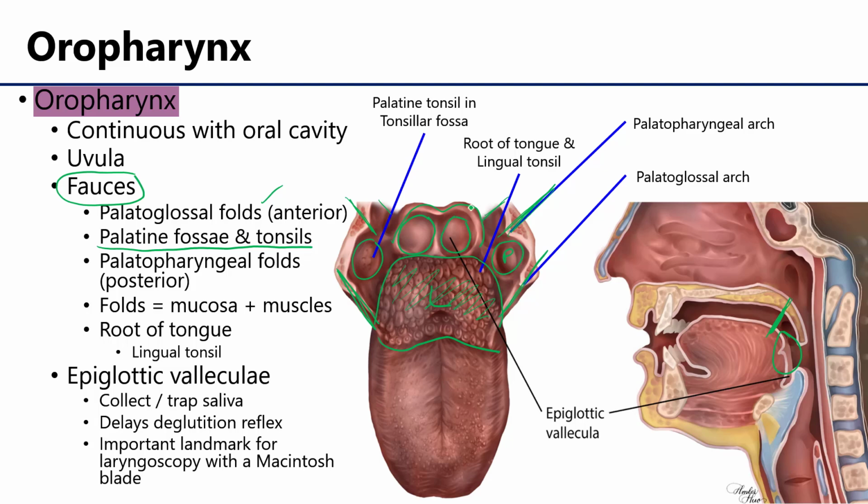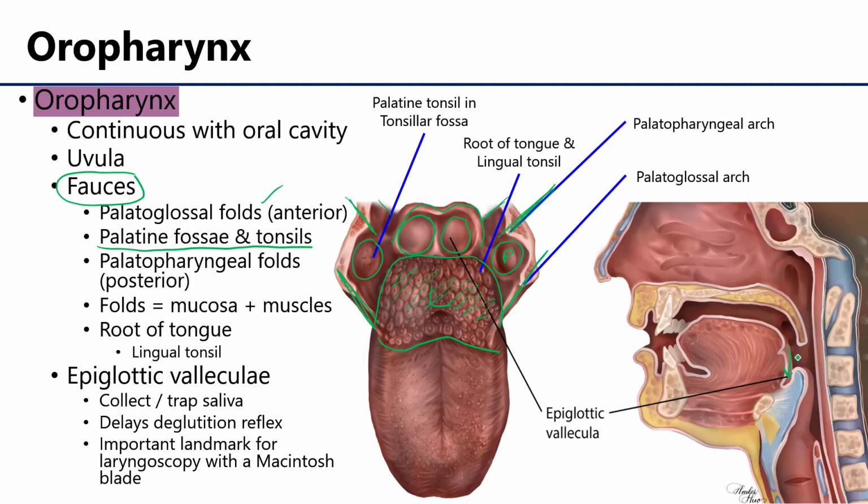We call these the epiglottic valleculae, or vallecula singular. These are, to put it indelicately, little spit traps. So these collect saliva from the oral cavity and the fauces. And saliva could build there without triggering the deglutition or the swallowing reflex.